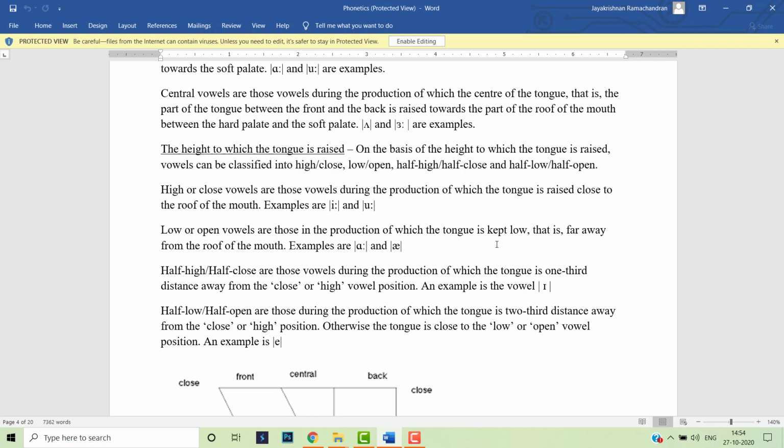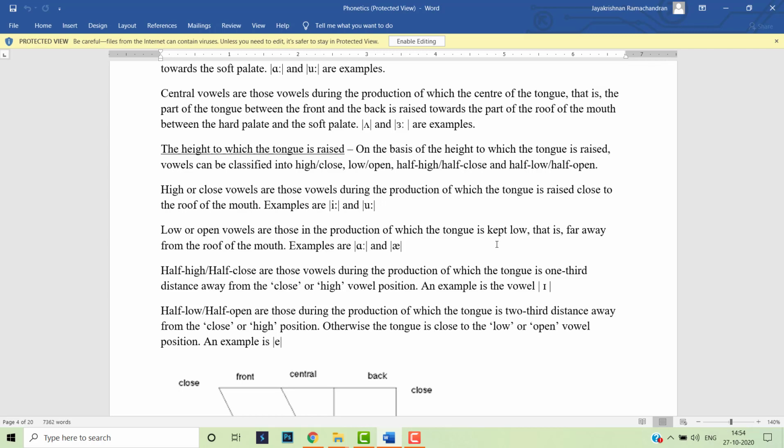Now we come to half high or half close vowels. Here the tongue rises, but not as much as in the high or close position. Half high or half close are those vowels during the production of which the tongue is 1/3 distance away from the close or high vowel position.